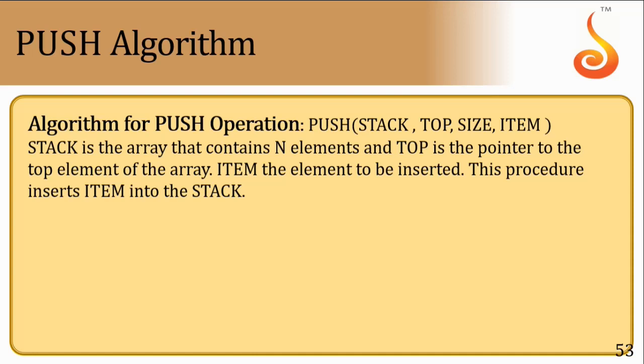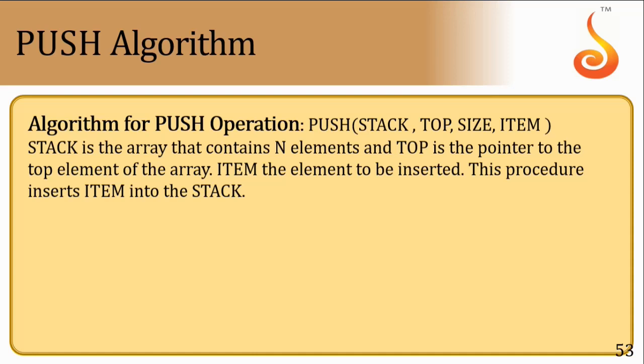The element which was pushed in the end. The last element which is pushed in is definitely the topmost element. If there is only one element, that element becomes the topmost element. If there are two, then the second element is the topmost element.